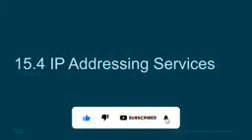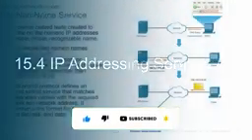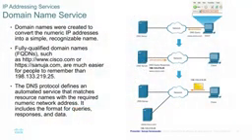IP addressing services. Domain Name Service, or DNS. Domain names were created to convert numeric IP addresses into a simple, recognizable name, because people like you and I can remember names and letters better than numbers, such as 192.168.155.3, for example.